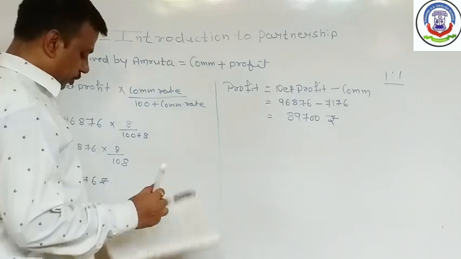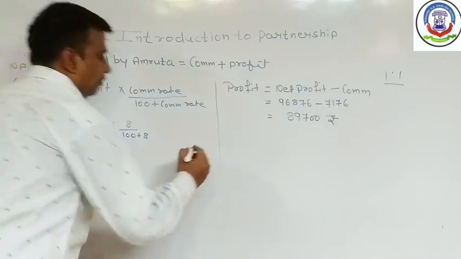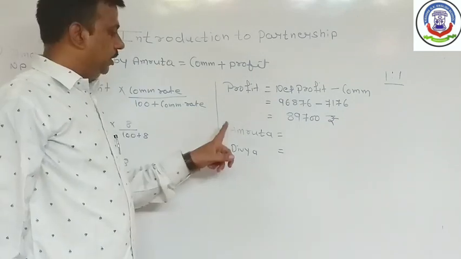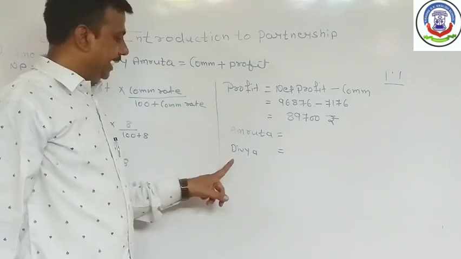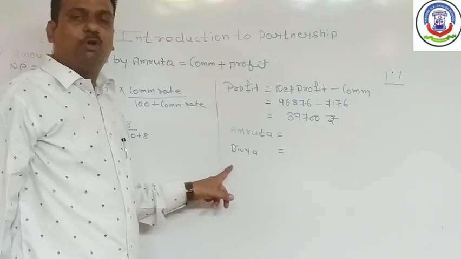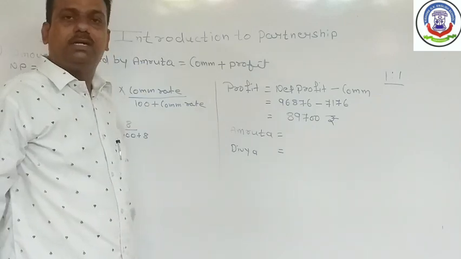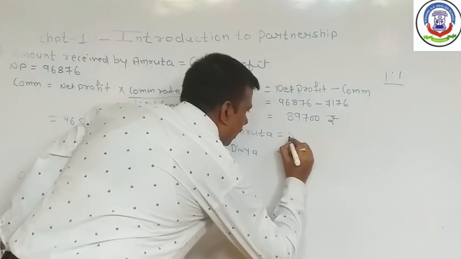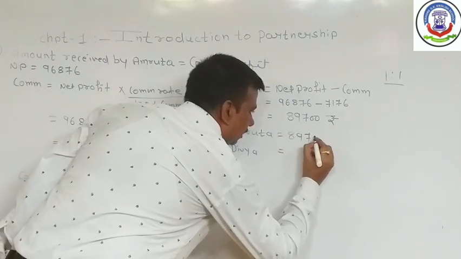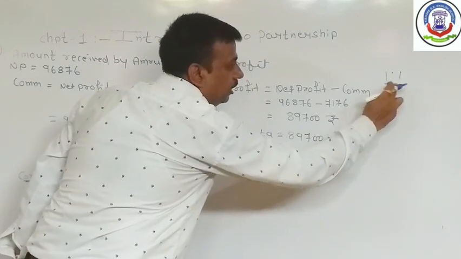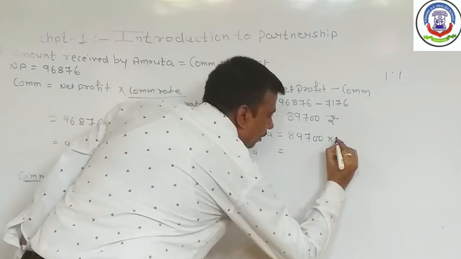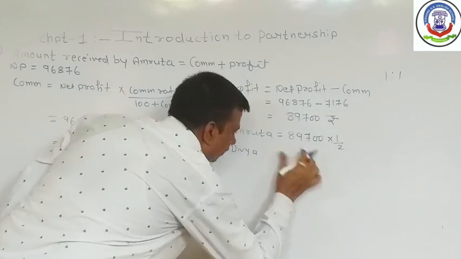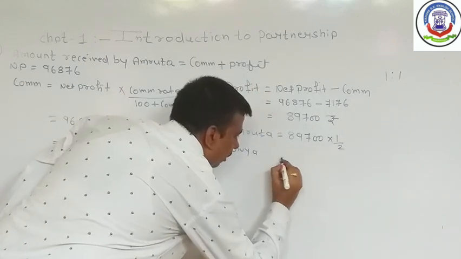The first partner is Amruta and the second partner is Divya. Profit will be distributed equally between the partners. Total divisible profit is rupees 89,700, equally means 1:1, so 1/2 for the first partner and the same for the second partner, Divya.